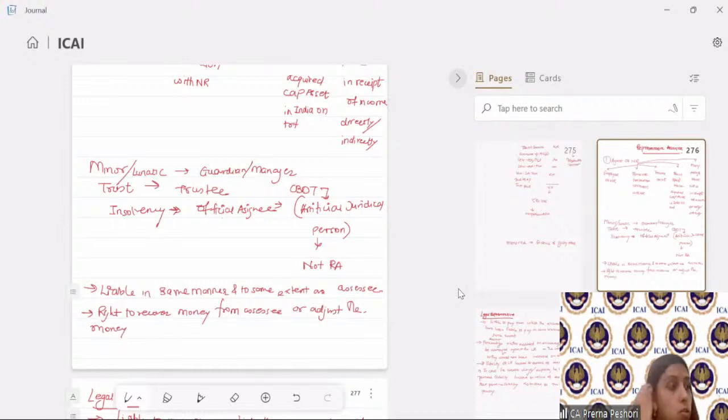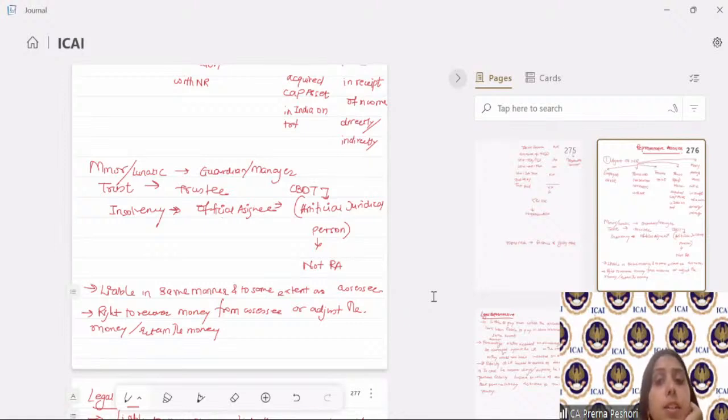He has the right to recover, adjust or retain the money if a balance of that other person is lying with him. He can also retain the money which is payable to the other person. And he can also obtain a certificate from the AO with regard to that. Is that clear?